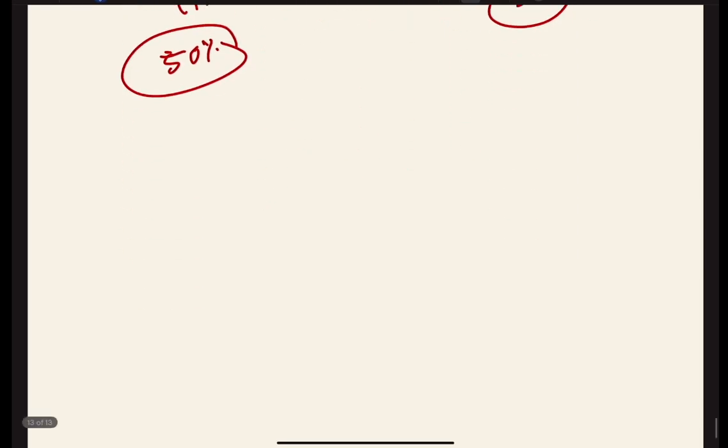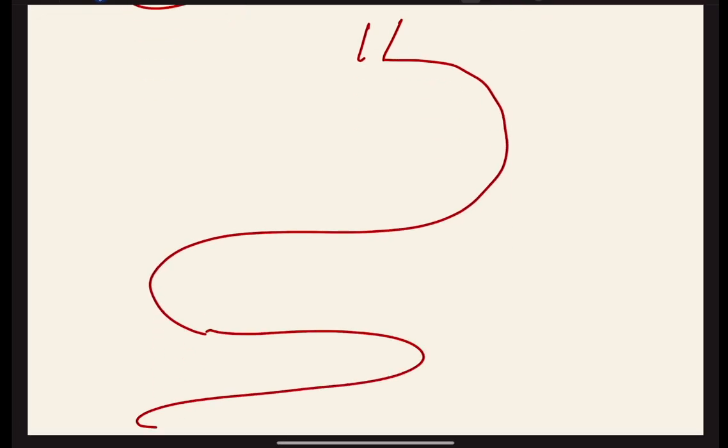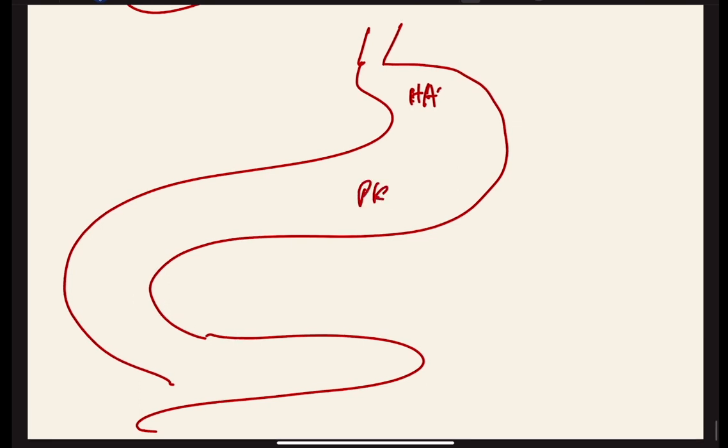So what is the importance of knowing the pK of the drug? Here is the stomach and that is the small intestine. Let's assume that you have taken a drug called HA. It is a weak acid. The pK of the drug is 3.5 and the pH of the stomach is 2.